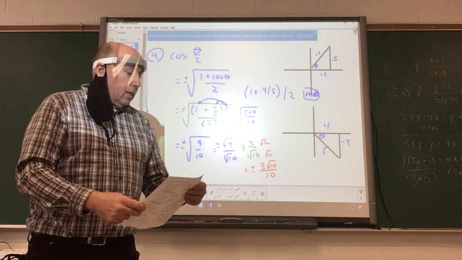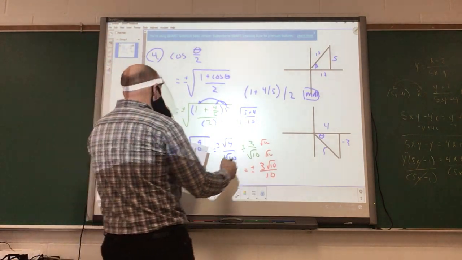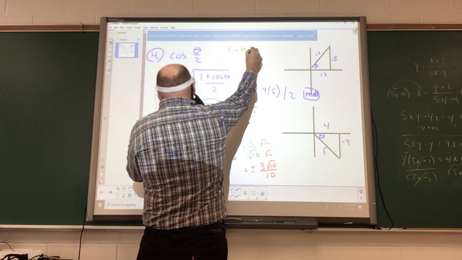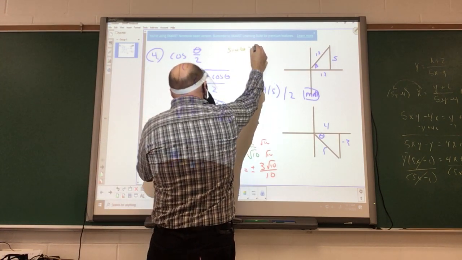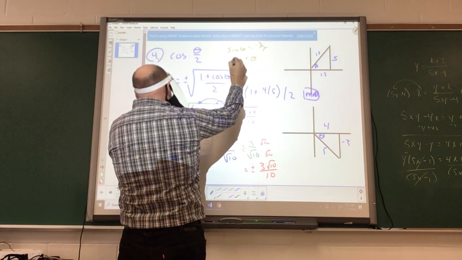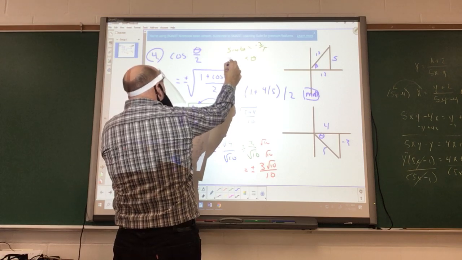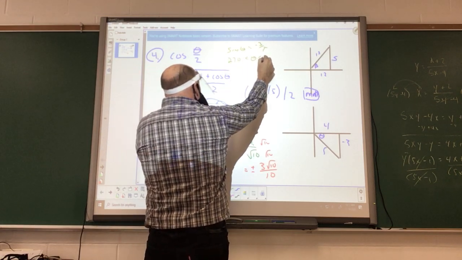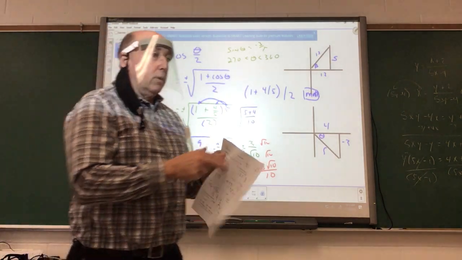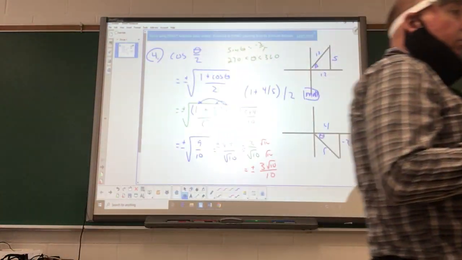It says the sine of theta was equal to negative 3 over 5, and theta is between 270 and 360. That's what it says at the top of the paper I give you.